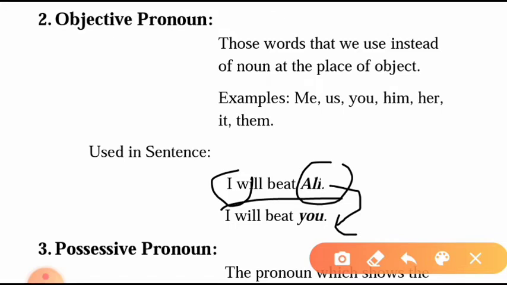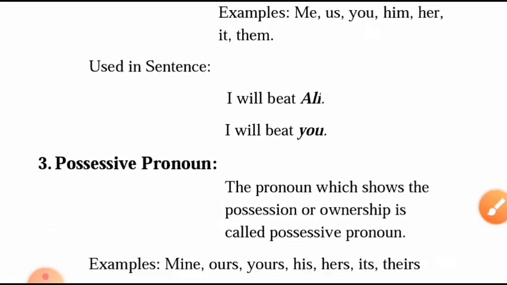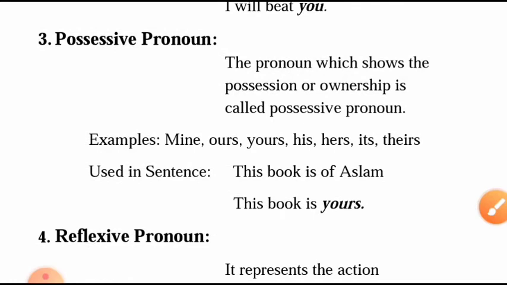Suppose Ali is in front of you. You don't want to say I will beat Ali, but you will say I will beat you. So this is how you can convert noun into pronoun at the place of object. This is what you call objective pronoun. So let's move to the third, which is possessive pronoun.